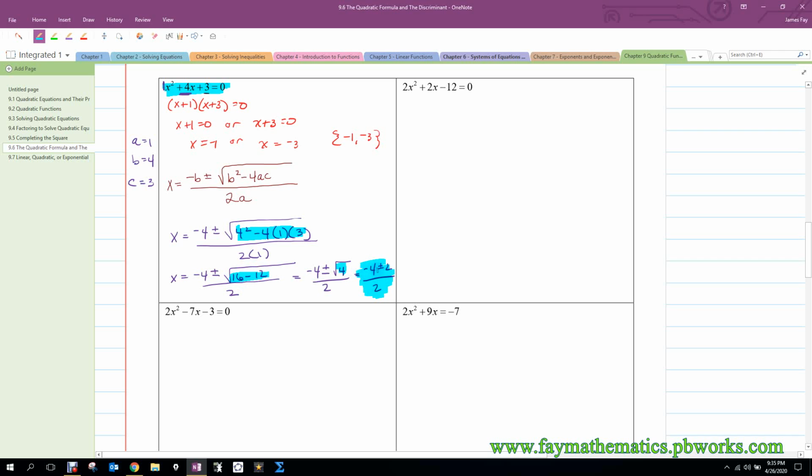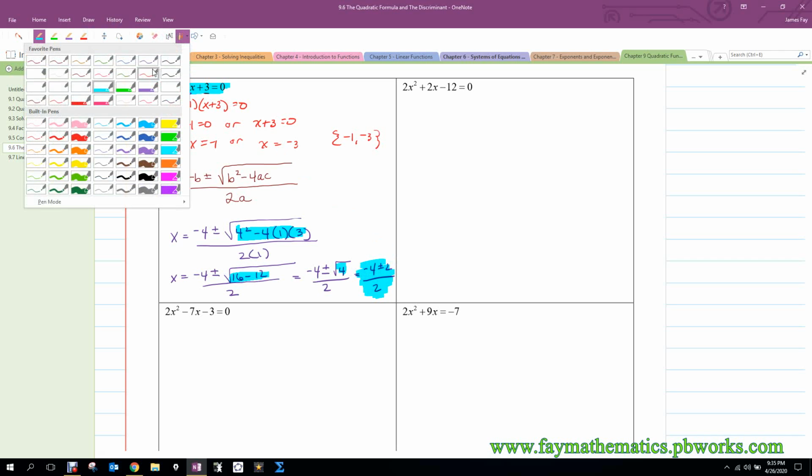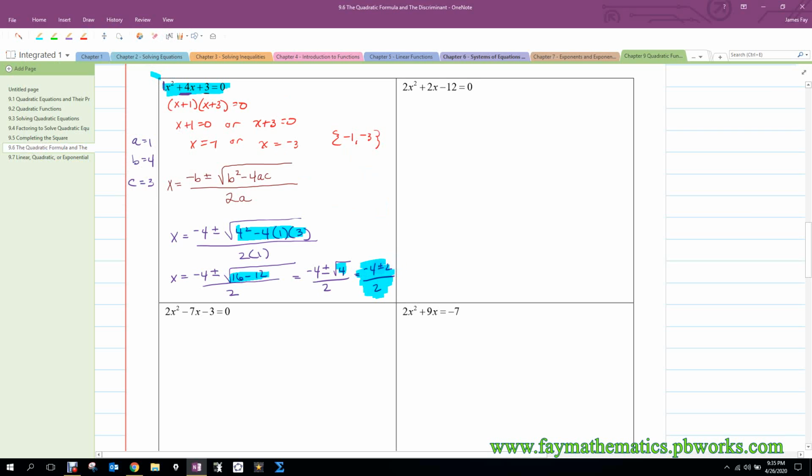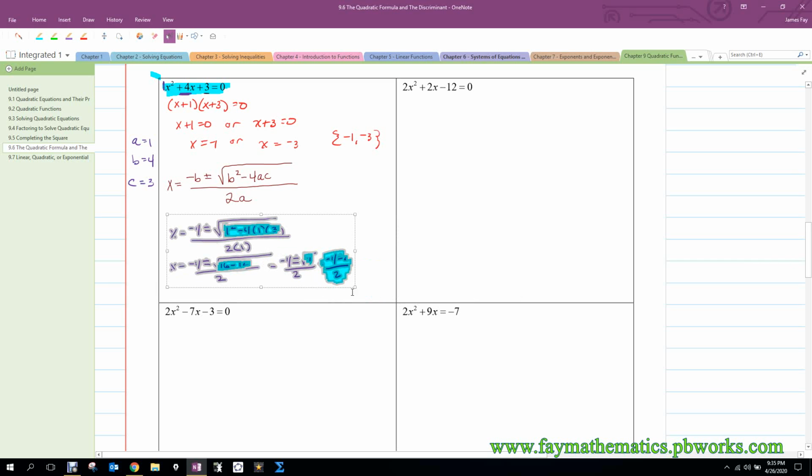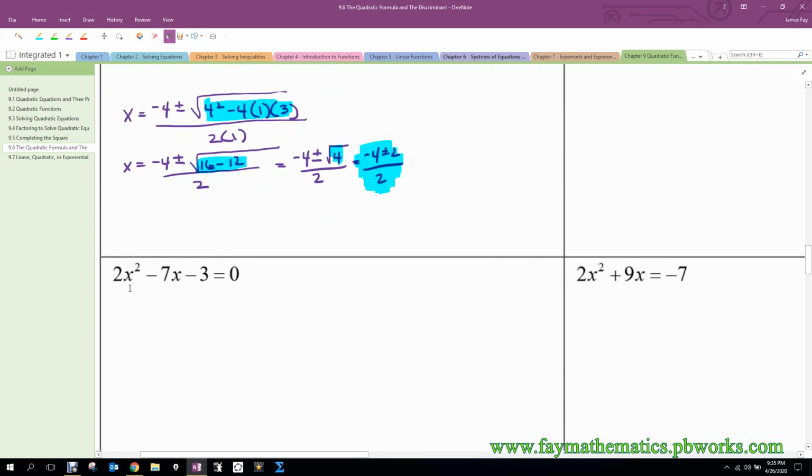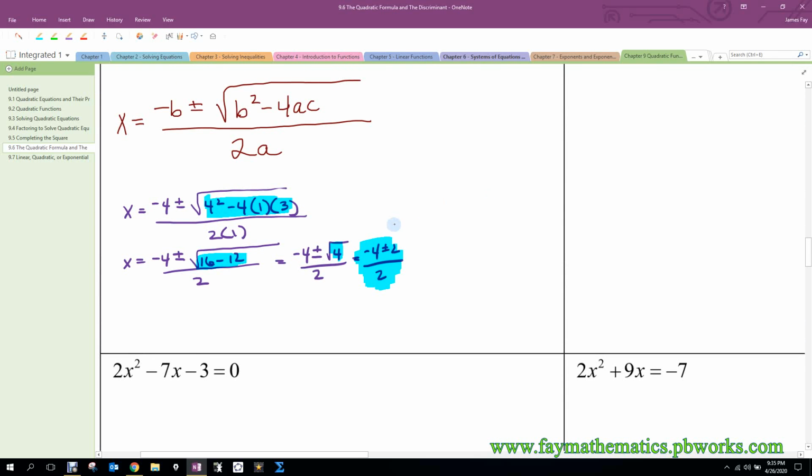Now I've got to do the numerator, -4 plus or minus 2.